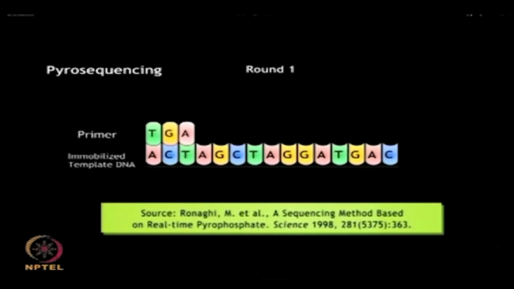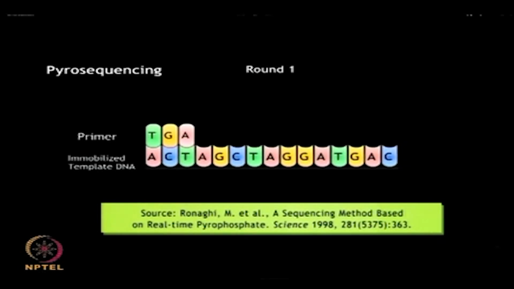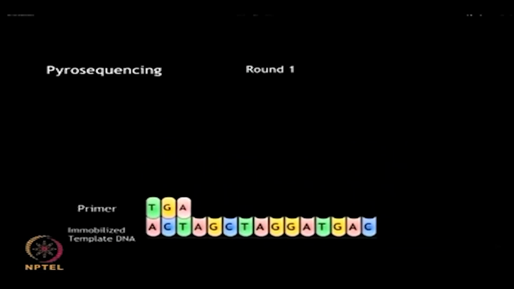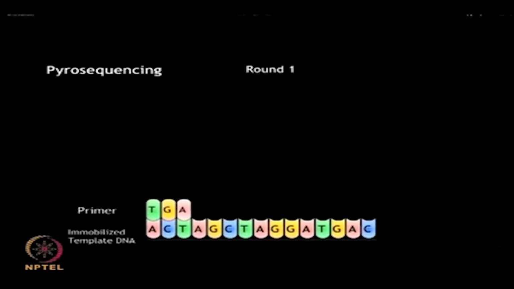Multiple rounds of nucleotide addition are carried out on the immobilized template DNA by using DNA polymerase in the presence of ATP sulfurylase, luciferase and the nucleotide degrading enzyme apyrase.